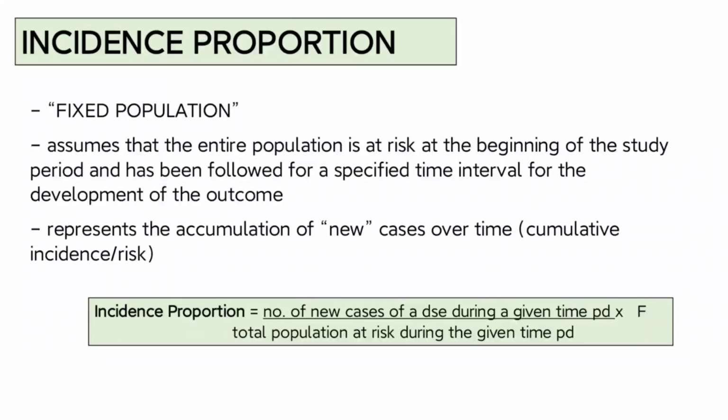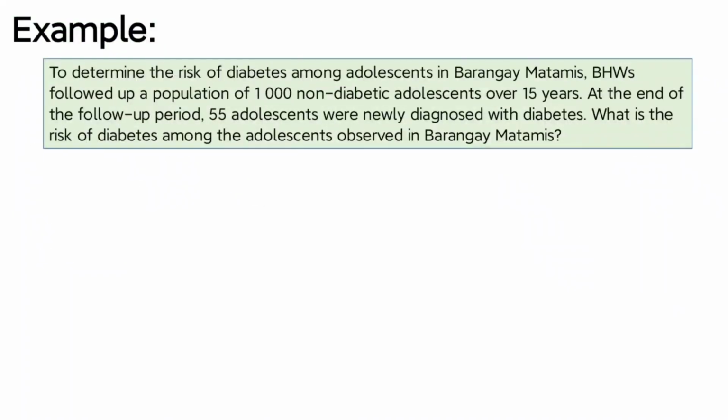Okay? So, ang formula natin dito is the number of new cases of a disease during a given period of time over the total population at risk during the given time period multiplied by your factor. So, basically, for example, to determine the risk of diabetes among the adolescents in Barangay Matamis, the barangay health workers followed up a population of 1,000 non-diabetic adolescents over 15 years.